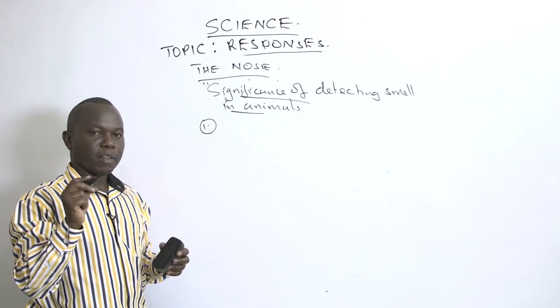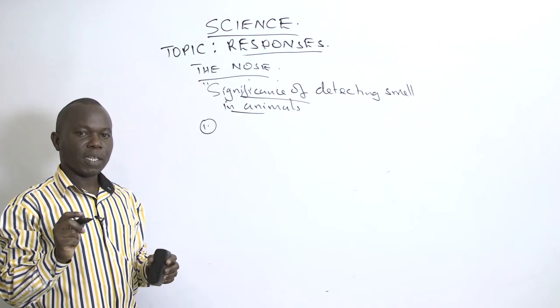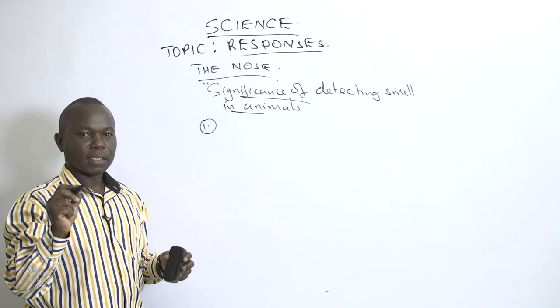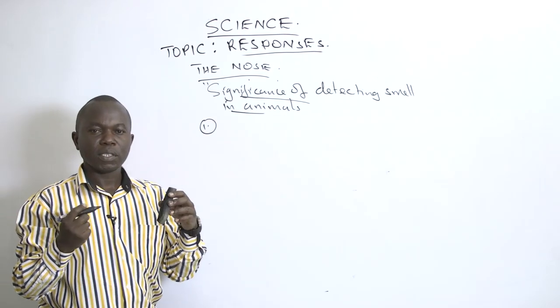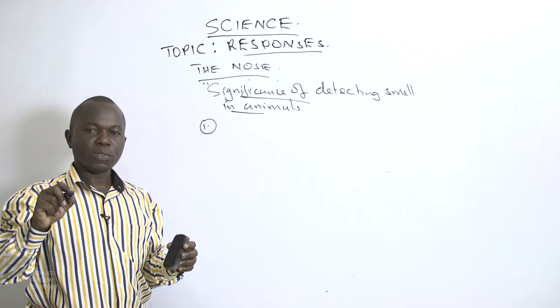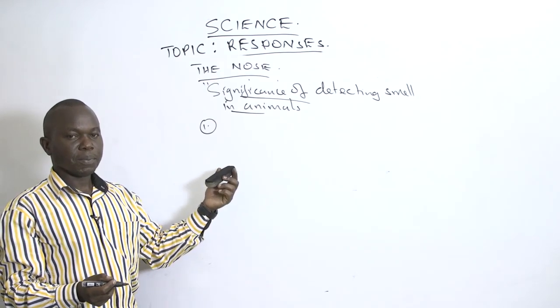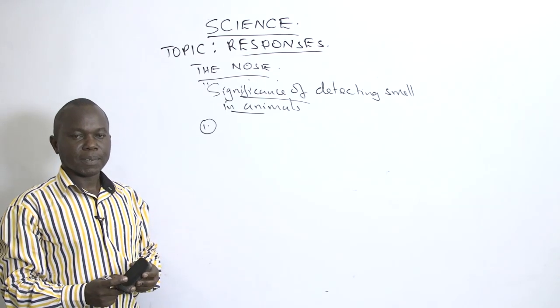It is the manufacturer's responsibility to put there the smell, so that if there is a leakage of the gas, your olfactory system is able to detect it, so that you can go to the point of leakage and close it. So it is important because it's going to protect you from harmful substances.